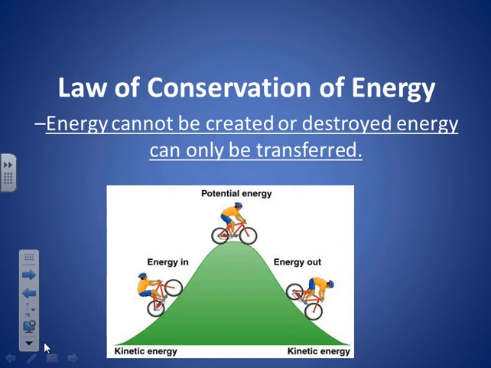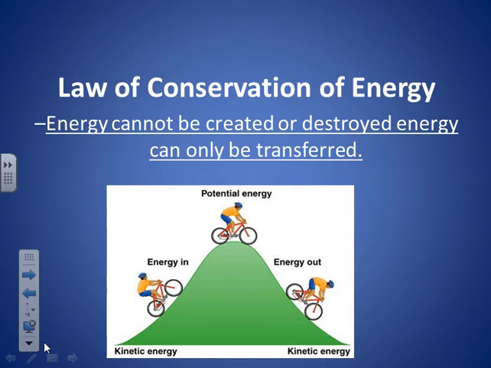This pen has potential energy. Say I drop it. When it's moving, it has kinetic energy, energy of motion, and then once it's at rest again, it has potential energy. So energy cannot be created or destroyed. It can only be transferred.